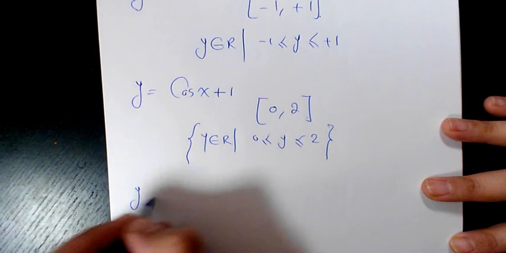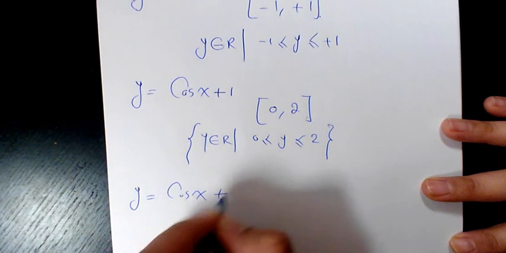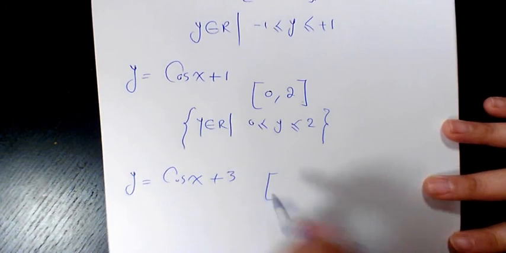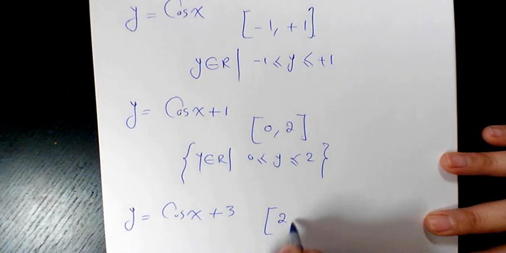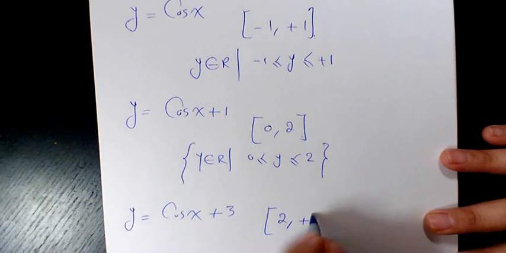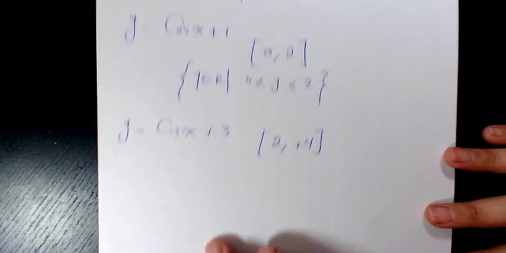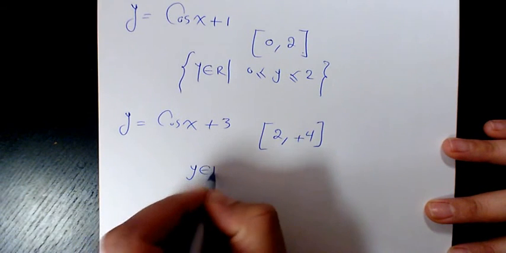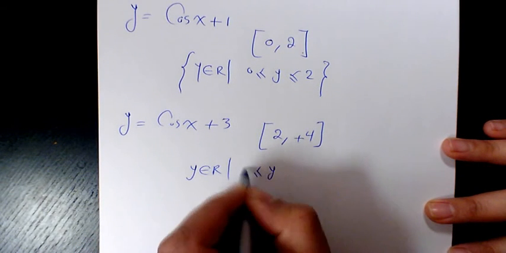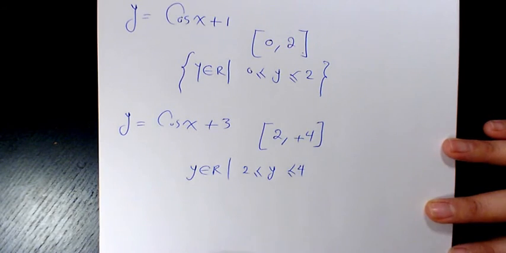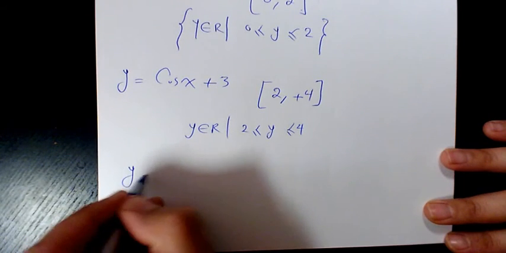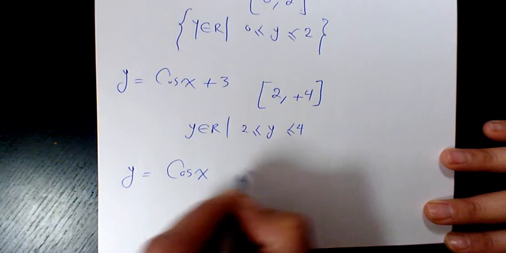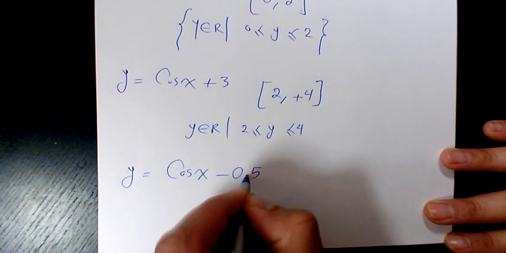If you have cos x + 3, it is going to go up. -1 plus 3 is going to be 2, and +1 plus 3 is going to be +4. So it's going to be y ∈ ℝ, y is between 2 and 4. And finally we have, for example, cos x - 0.5.